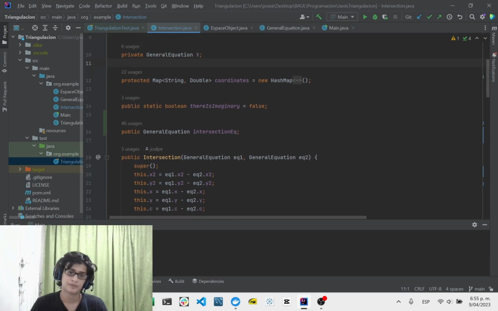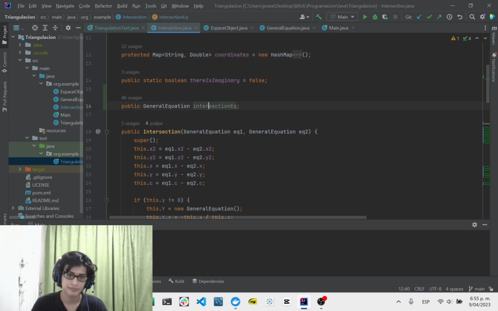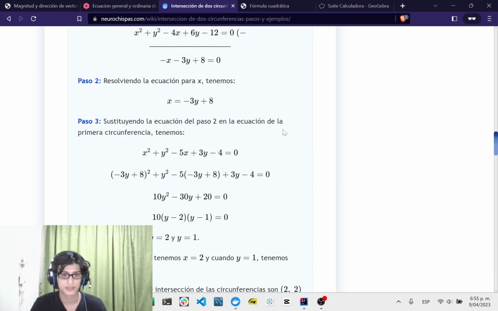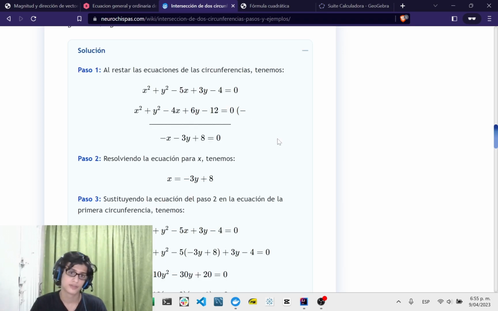There's also this attribute, imaginary, that I'm going to explain in the future, the coordinates, and the intersection general equation, that is the final intersection general equation that I get. That is, for example, something like this. This is the final general equation of an intersection.